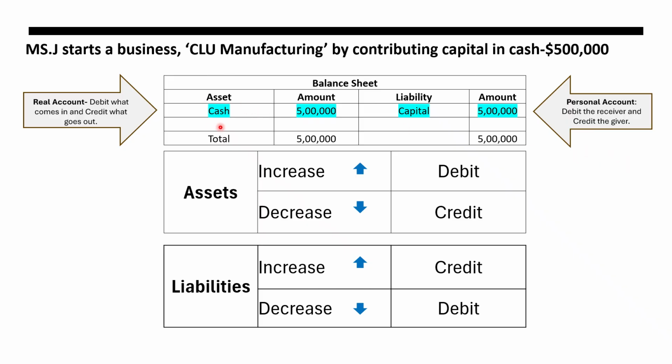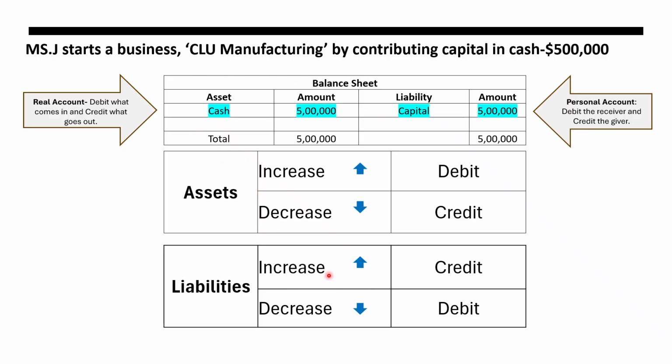So now cash being a real account, what do you apply here? Cash came in, right? So debit what comes in. So you debit cash because cash has come in. Since capital account is a personal account, you say credit the giver. Who's the giver here? Ms. J, or the capital account is a giver, right?